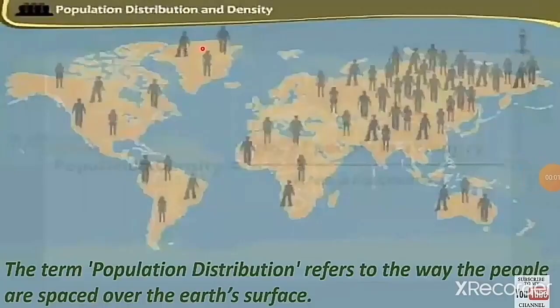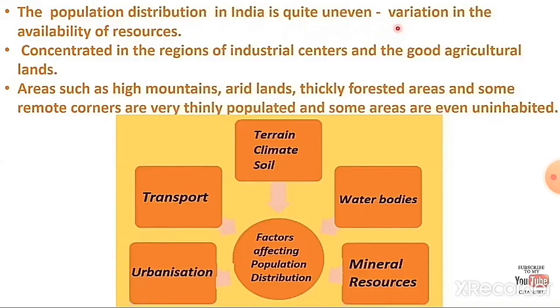Next, population distribution and density. The term population distribution refers to the way the people are spaced over the earth's surface. So population distribution means how the people are distributed over the world. The population distribution in India is quite uneven based on the availability of resources.